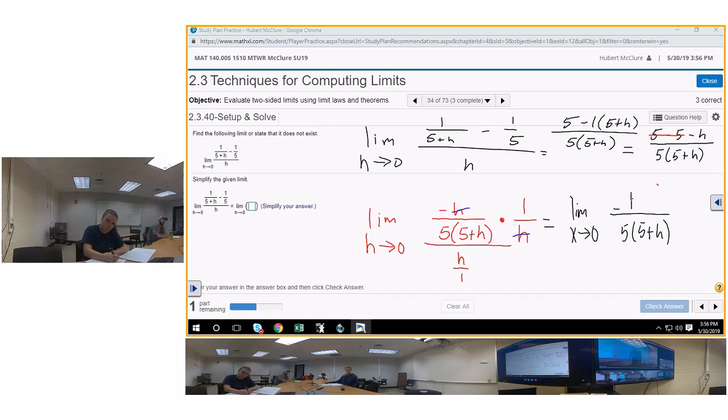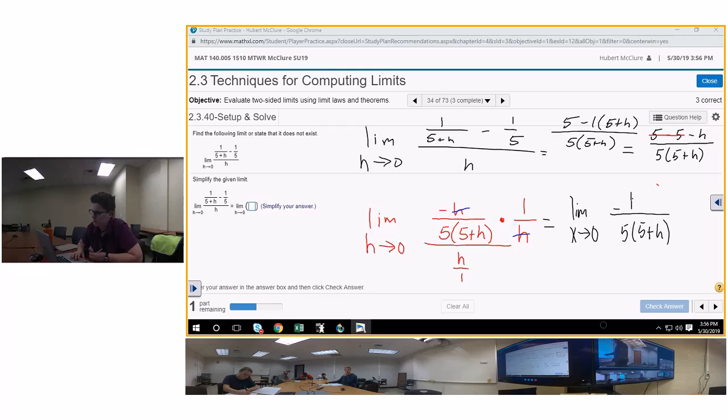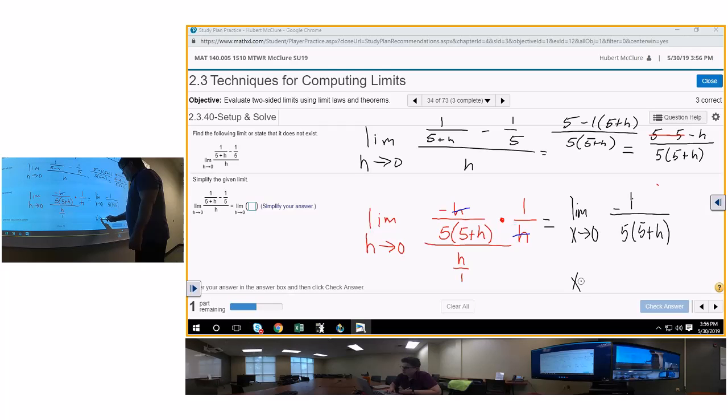Now we can plug in 0. So what happens when we plug in 0? You get negative 1 over 25, don't you? So limit as x approaches 0, y is going to approach negative 1 over 25.